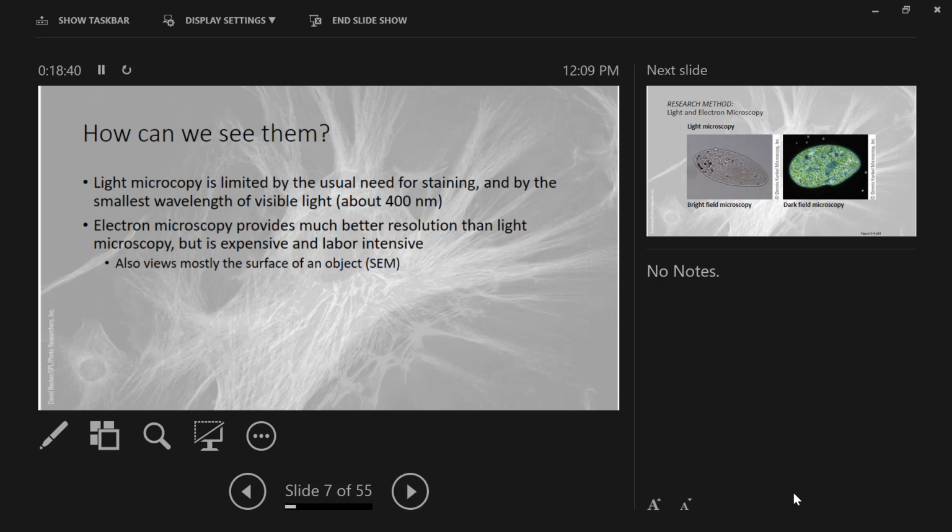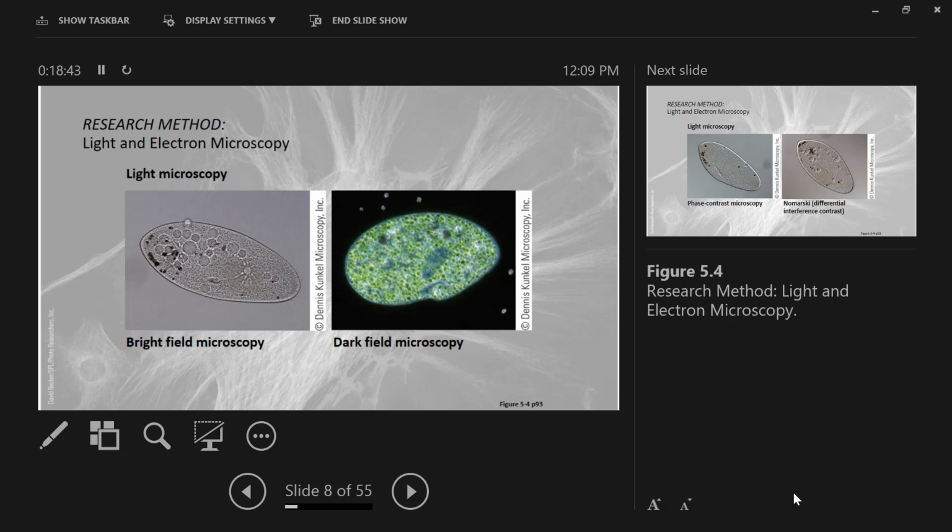I know. So here's light microscopy. Here's the standard light microscopy that you're familiar with that we use in lab. It's called bright field because you're basically shining a whole bunch of light, and where the light gets absorbed, you see that as an image. But if only light with a wavelength smaller than visible light gets absorbed, you don't see it, because you don't see that wavelength of light anyways.